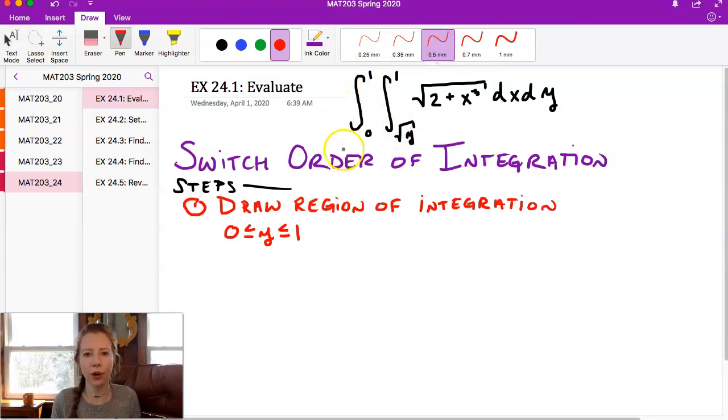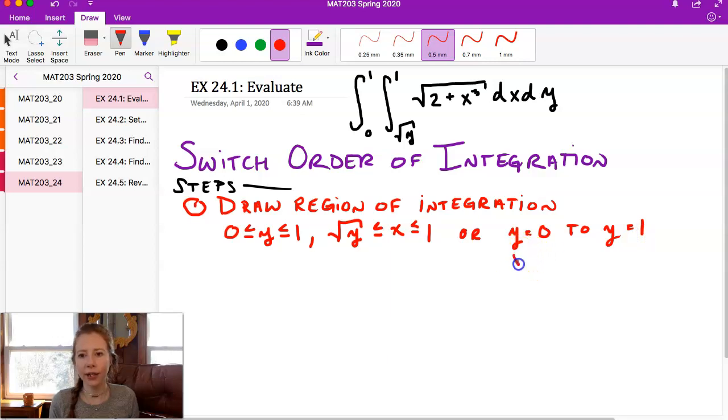Okay, so that's our extents for our y, 0 to 1. That's pretty straightforward. And then we have the square root of y is less than or equal to x is less than or equal to 1. And another way we could write this is that we're going from y equals 0 to y equals 1, and from x equals the square root of y to x equals 1.